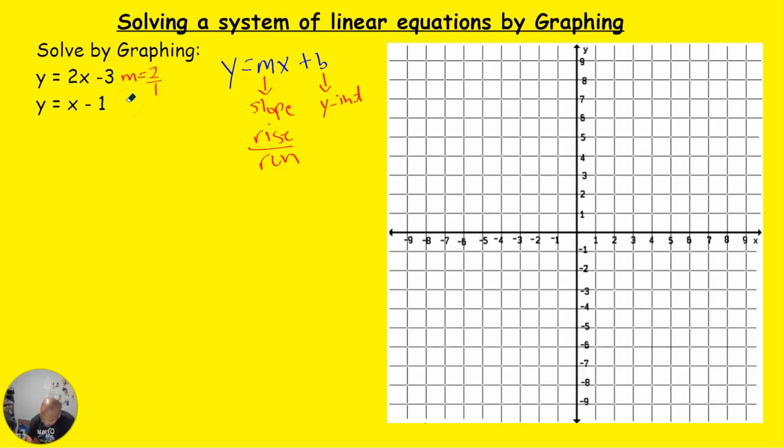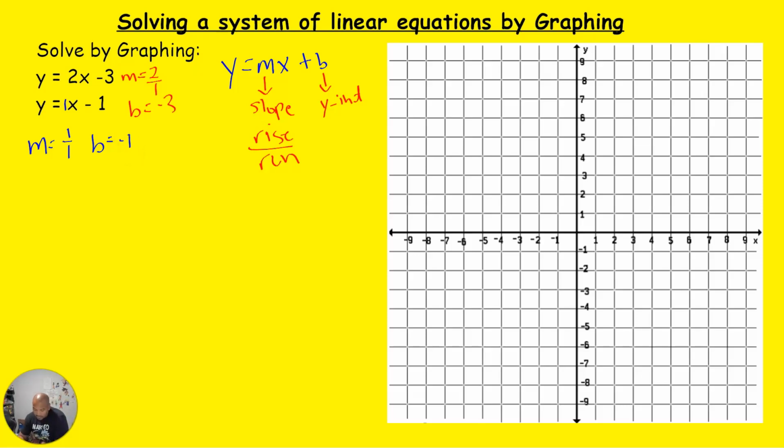Our b would be -3, our y-intercept. In our other equation, there's no coefficient in front of the x, so that means there's a 1 there, which makes our m, our slope, 1 over 1. And our b in this case would be -1, our y-intercept.